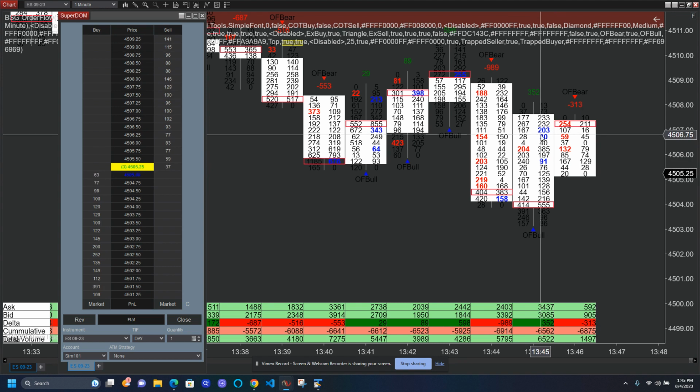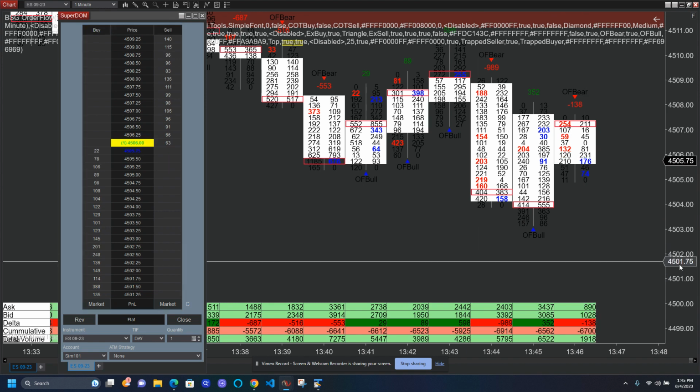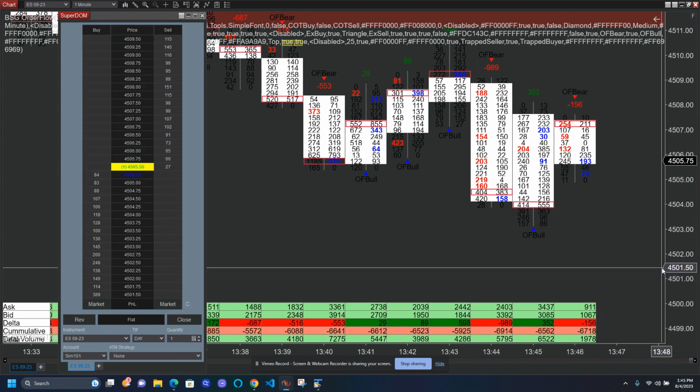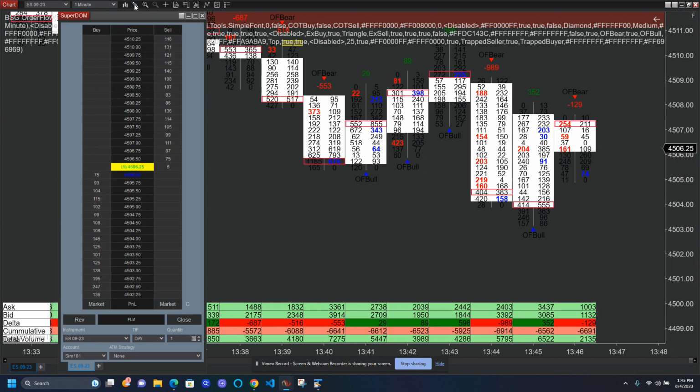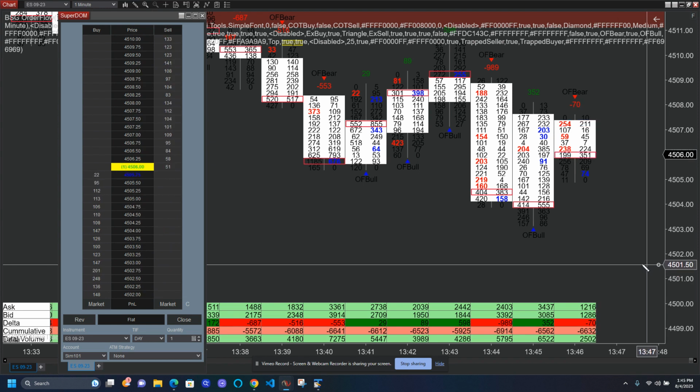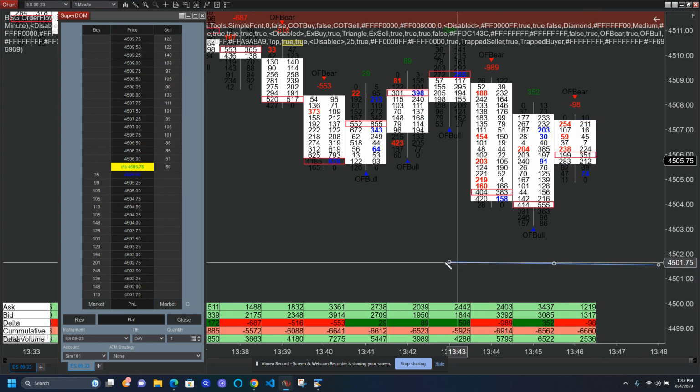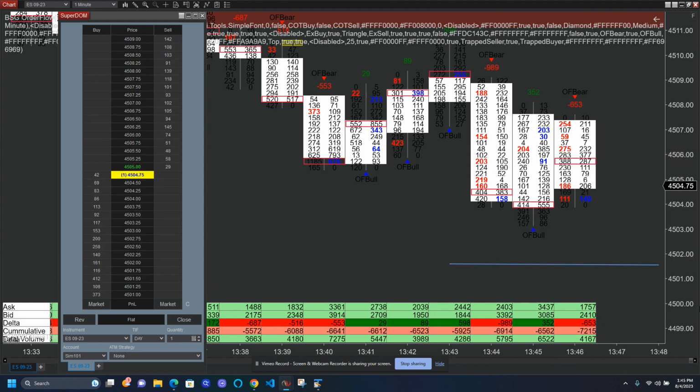I think they would have dumped it right there. Next one, I think I see that 391 at 4501.50. Okay. It moved to almost like 400 contracts now.